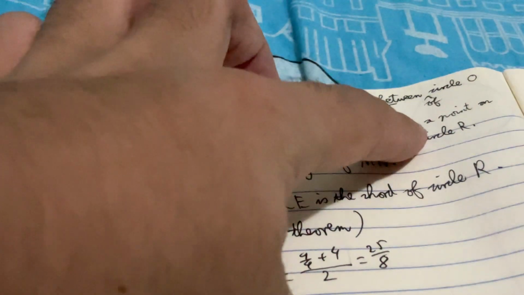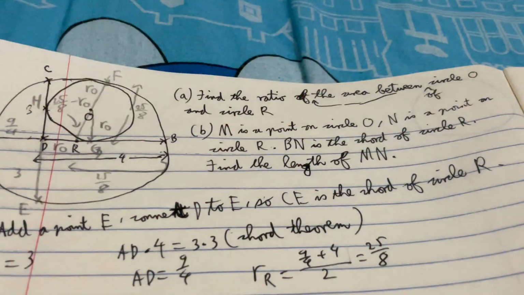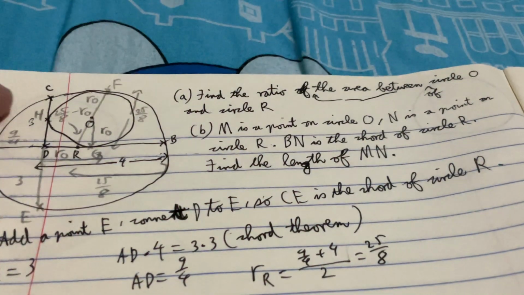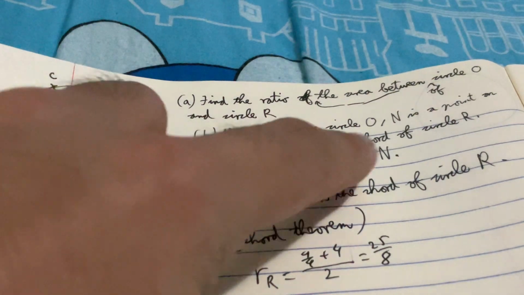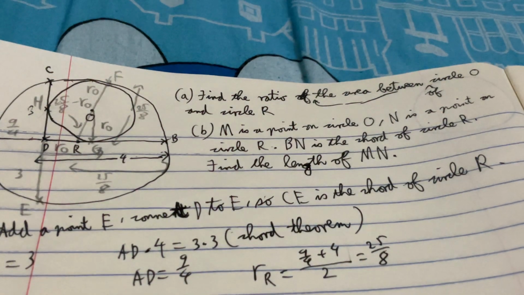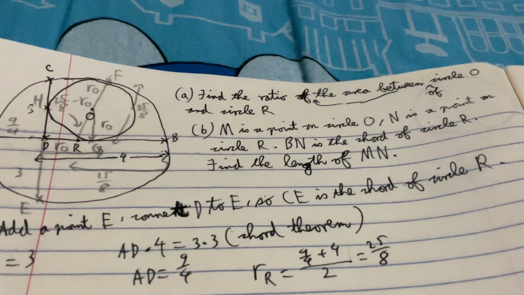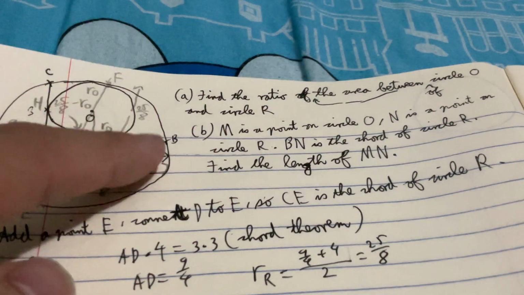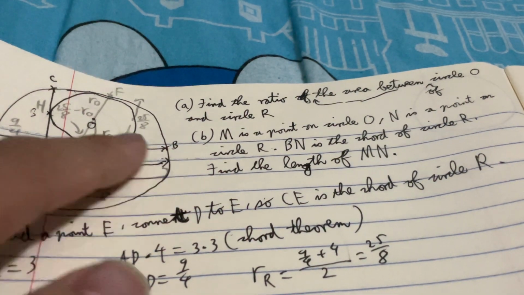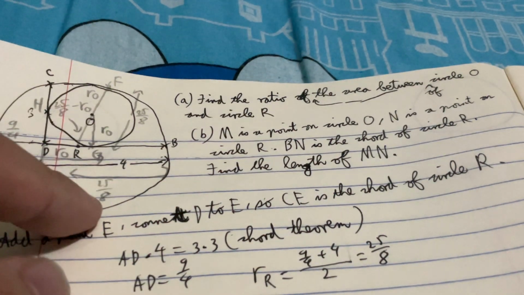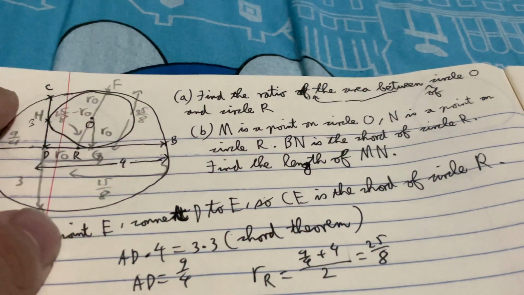But I'm going to look at this here. N is a point on circle R as well, and then BN is a chord of circle R. So BN is a chord of this. So I'm going to connect B to N.